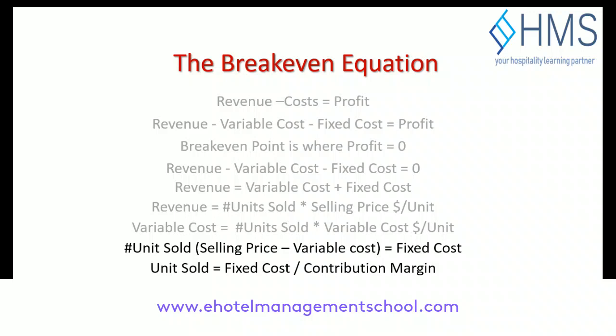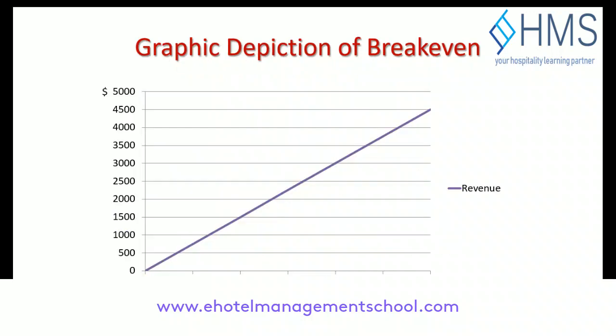Let us have a look at the graphical representation of the break-even point, how we can show it. If you plot the revenue on the graph, it will look like this line, because the price remains fixed.